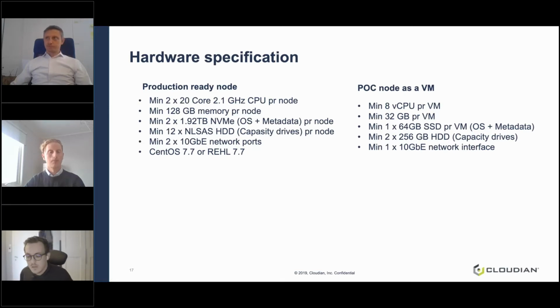So our software can be used both as Cloudian engineered appliances, where we deliver hardware and software to you as a customer, or you can do it in a software only base with building your own hardware on any x86 platform. But of course, we have some requirements in terms of how a node should look.